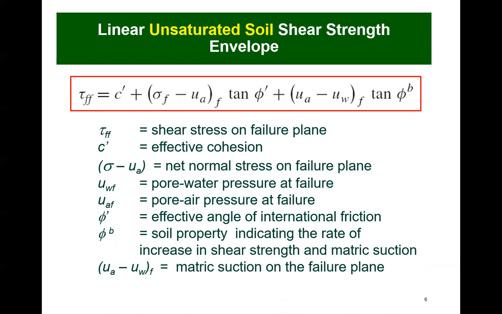Number 2, matrix suction, defined as the difference between the pore air and pore water pressures. To start our discussion on the shear strength of an unsaturated soil, let us assume that the soil properties associated with the change in matrix suction can be represented by a constant slope angle, which is given the variable phi superscript b.